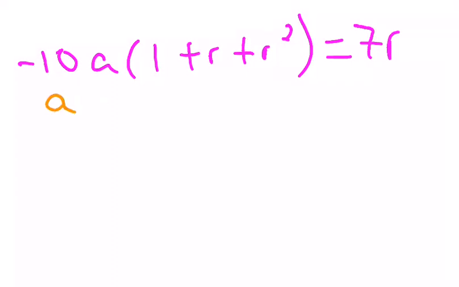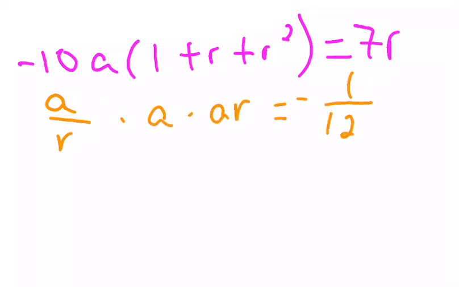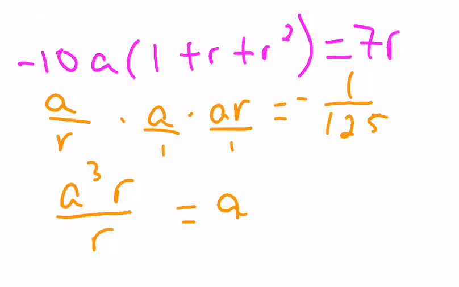So they said that A over R times A times AR equals -1/125. And so if I actually multiply these, I have the A times A times A gives us A cubed, R on the top, and an R on the bottom, but the R's cancel, so we're left with A cubed equals -1/125.